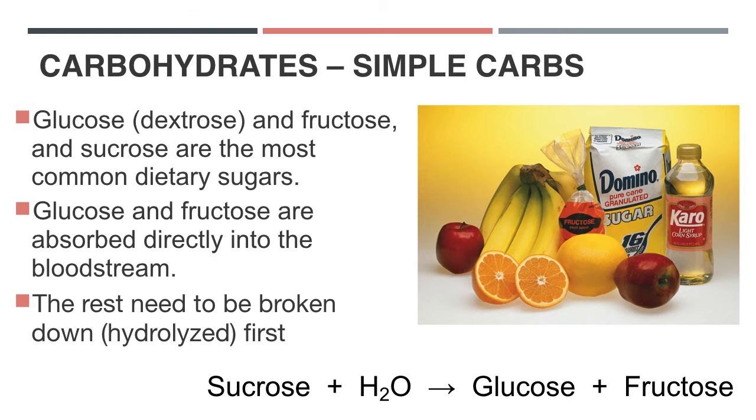The reason why they're called simple carbohydrates is that they are able to be absorbed directly into the bloodstream. They don't need to be broken down or hydrolyzed first. And that applies to glucose and fructose, but not sucrose. Sucrose actually does need to be broken down.